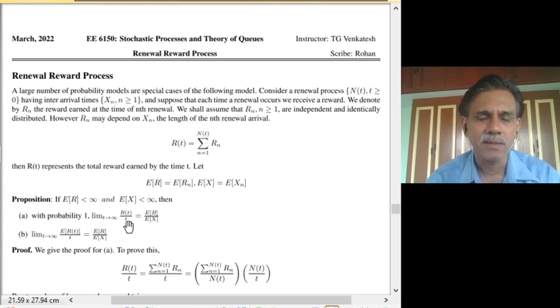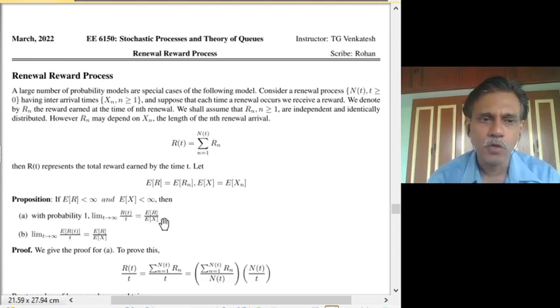So what this tells is the rate at which rewards are obtained can be found out in two ways. One, you take a long duration t, find the cumulative reward, divide that cumulative reward by t, and in the limit t tends to infinity you will get the reward rate.